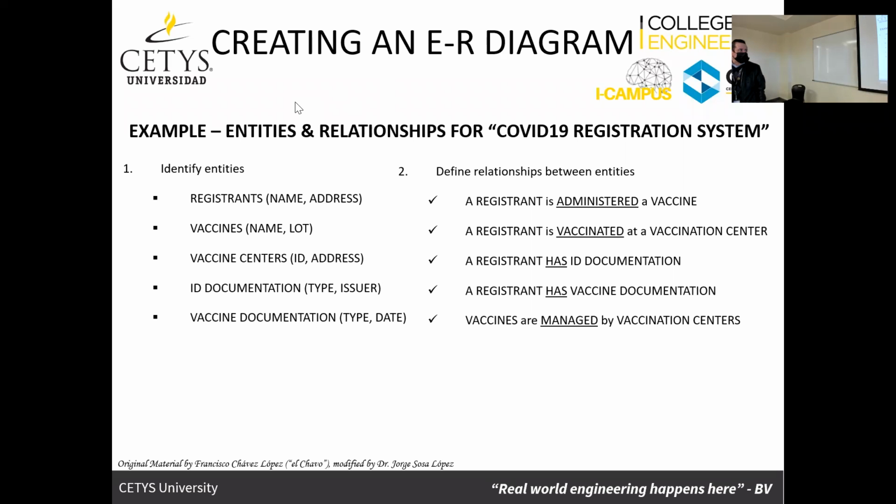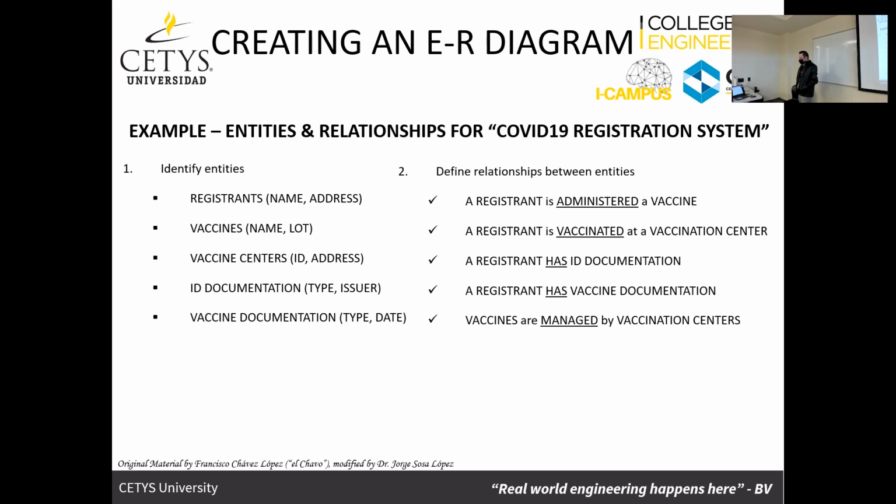Okay, so the other example had to do with the COVID-19 registration system, and we're also going to be continuing that one. And so some of the entities, and here as well, going back to Andres's comment, here as well, you guys could have used very different names or terminologies.